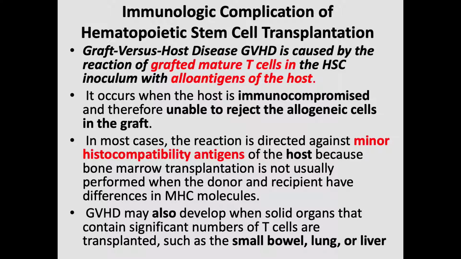Mostly this happens during transplantation of hematopoietic stem cells, but also when we transplant large organs like small bowel, lung or liver, there are abundant T cells, and they also may induce this type of reaction.